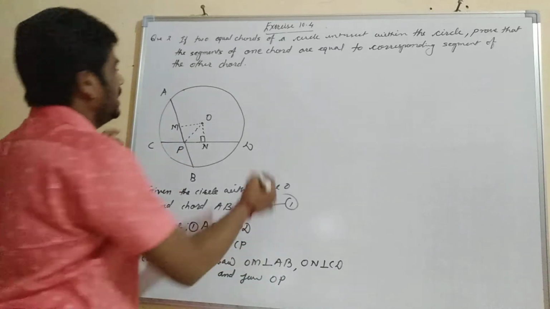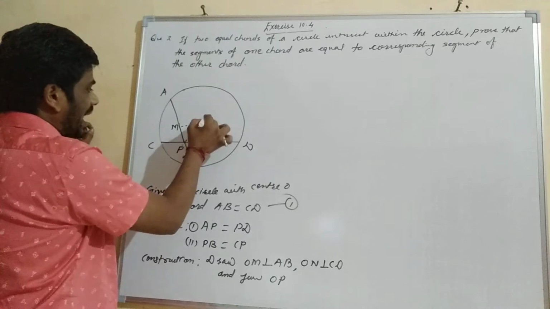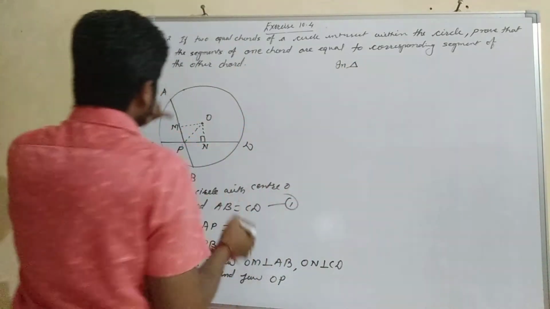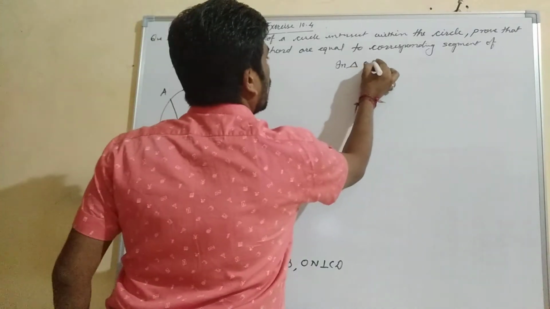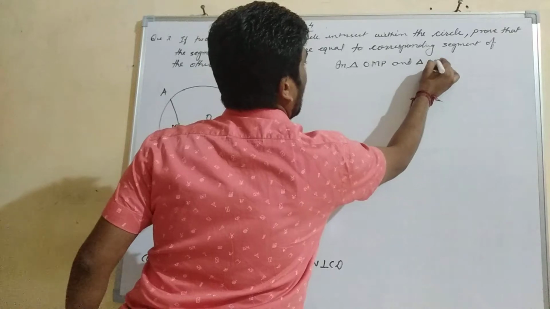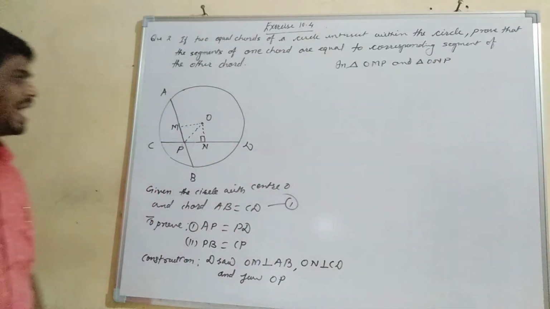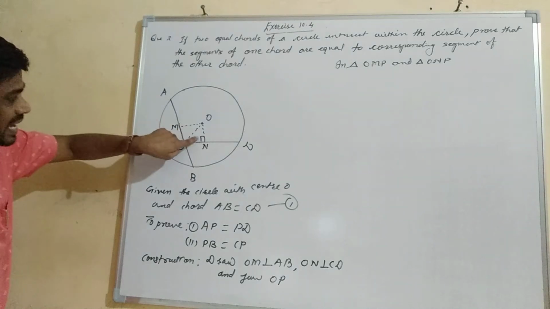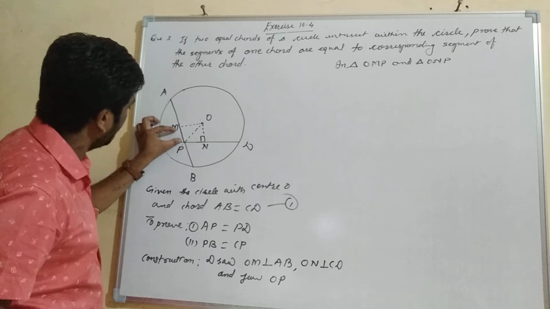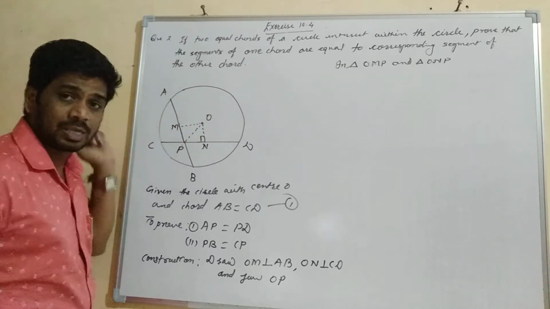Okay, so in these two triangles, triangle OMP and triangle ONP, we will show both the triangles are congruent. If we show both the triangles are congruent, then MP will be equal to PN. Okay, that will be by CPCT.